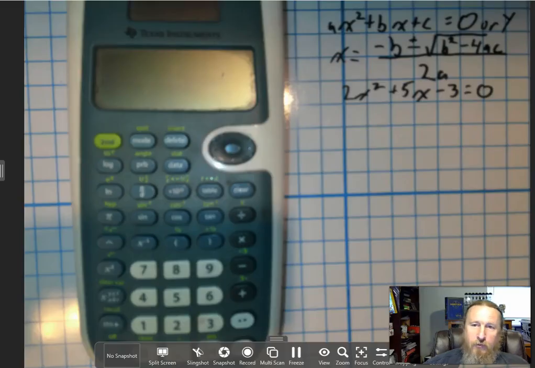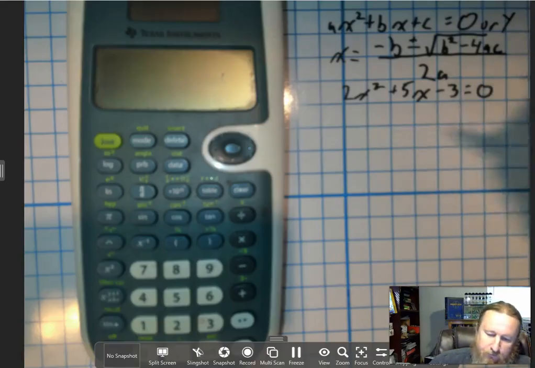We need these to put them into the quadratic formula, which is x equals negative b plus or minus the square root of the term b squared minus 4ac, all over 2a. And while it sounds like a lot, the calculator will do all of the heavy lifting for you. All you have to do is punch the keys correctly and identify the correct items.